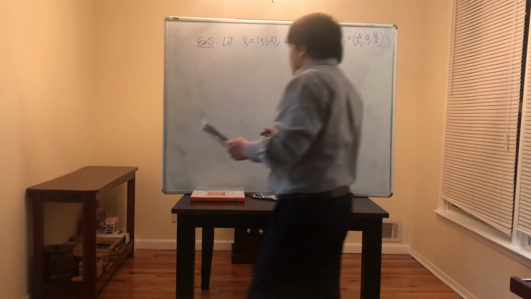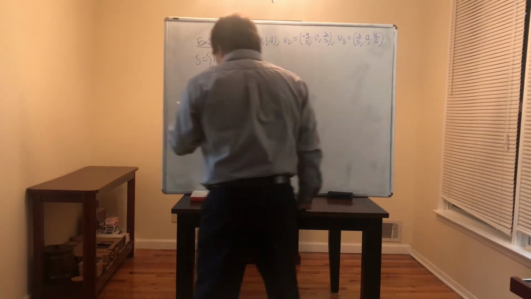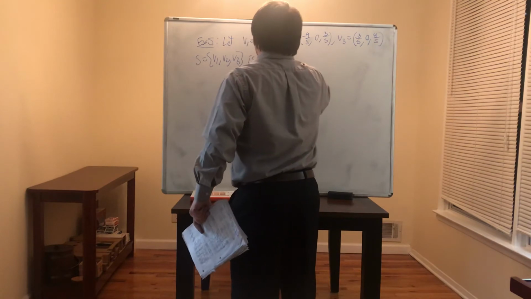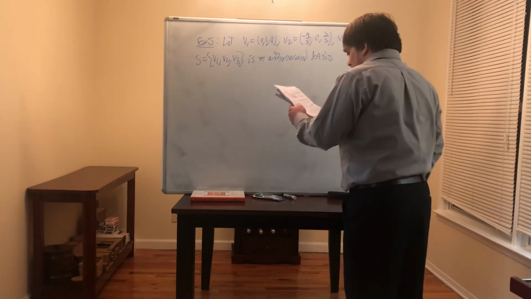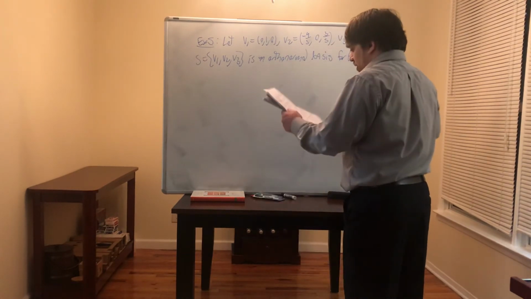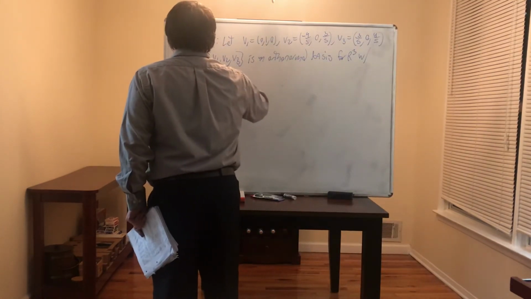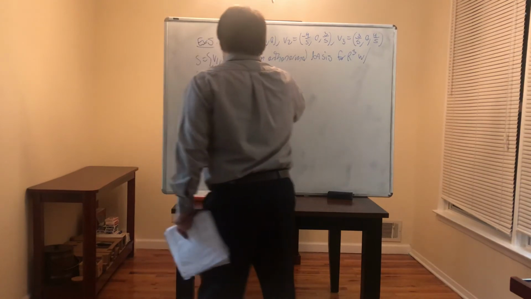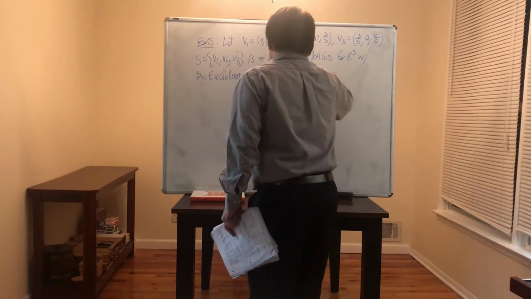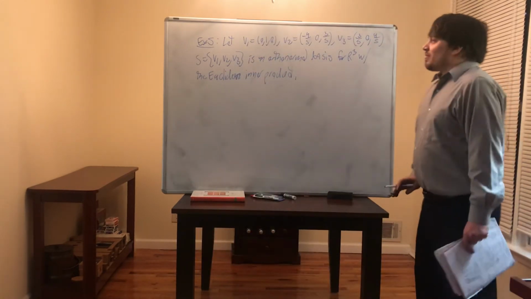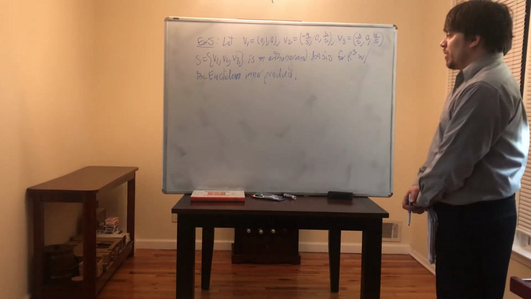And so this set S, v1, v2, v3, is an orthonormal basis for R3 with the Euclidean inner product. So those three vectors there, they form an orthonormal basis for R3 with the Euclidean inner product, right?